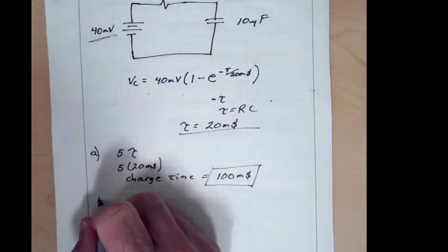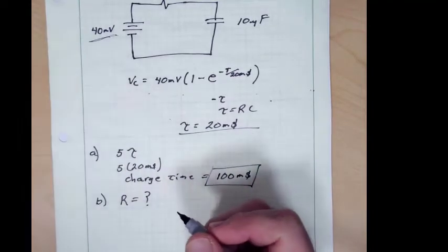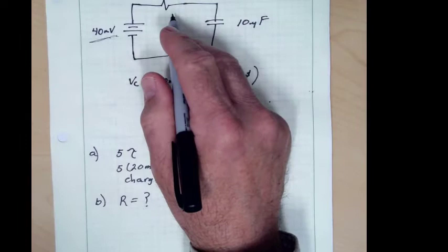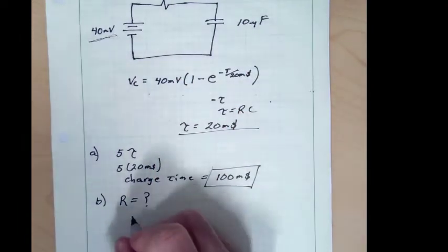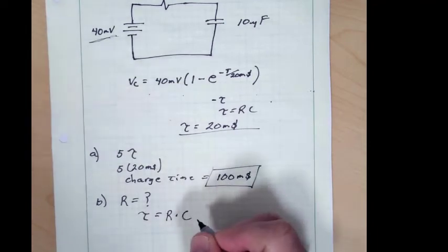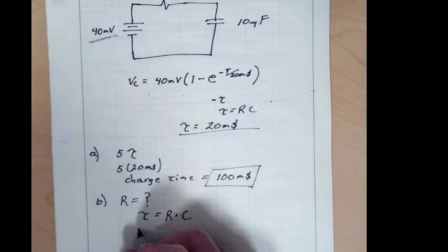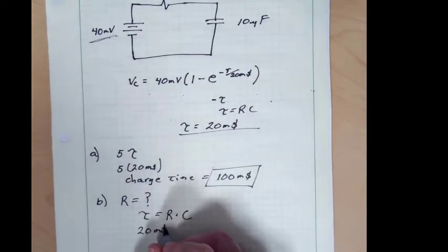Then in part B, he asks us to find, what is the resistance of the circuit? Well, he didn't give us that value, but what we do know is that tau is equal to R times C. Well, we have tau, which is 20 milliseconds.